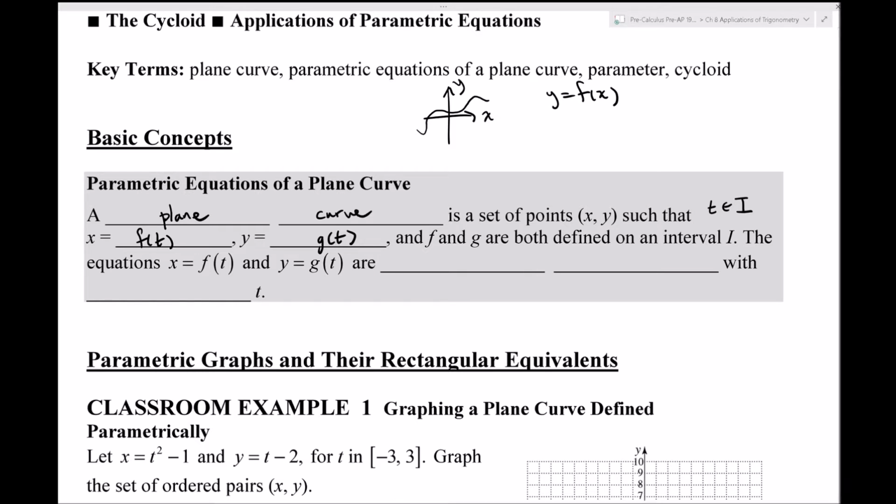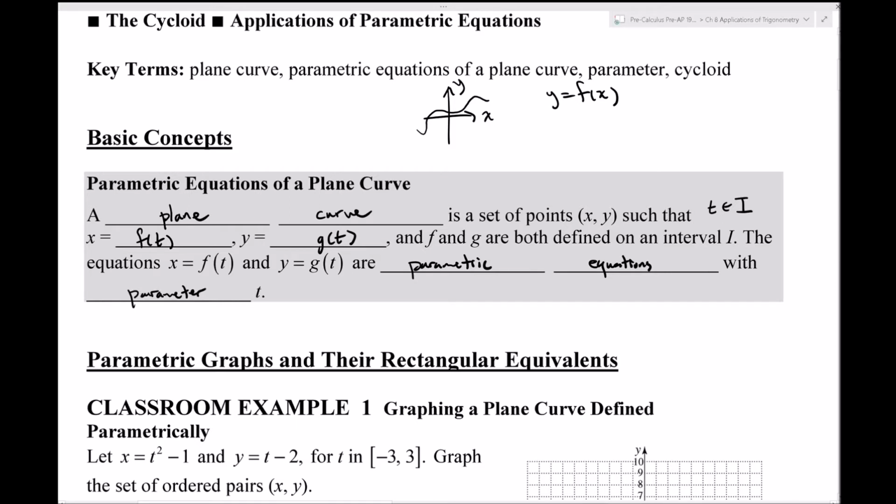So the equations x equals f of t and y equals g of t are what we call parametric equations. There are 2 equations with parameter t. That's the name of the variable. That's the role it takes.